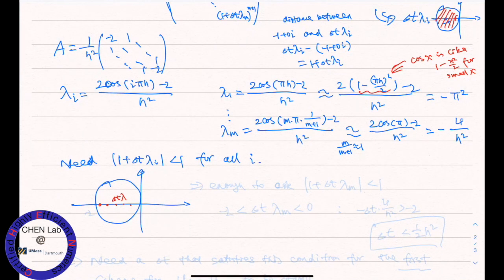Lambda is negative, so delta t lambda is also a negative number.